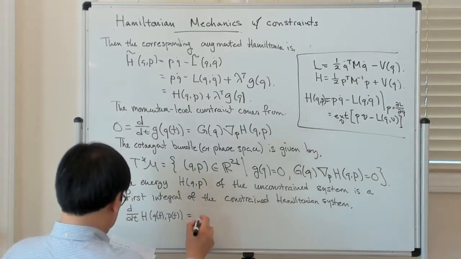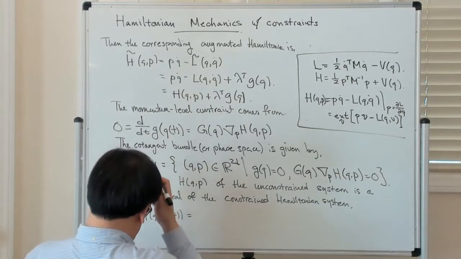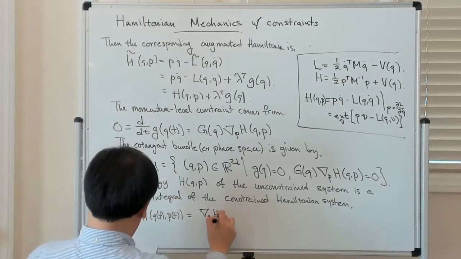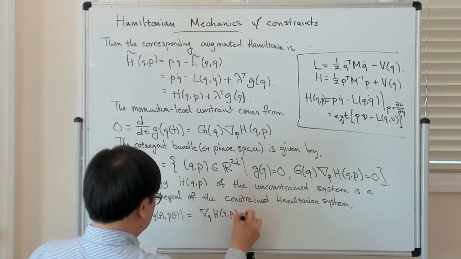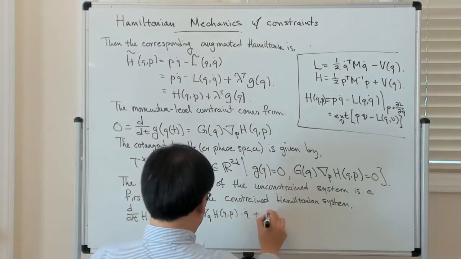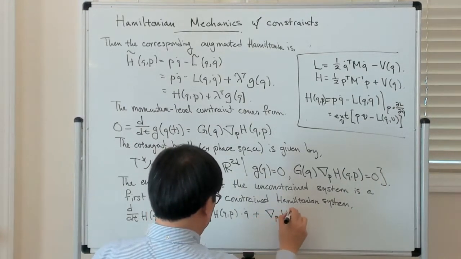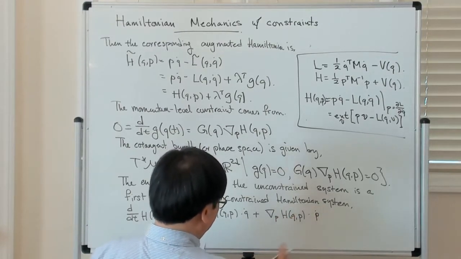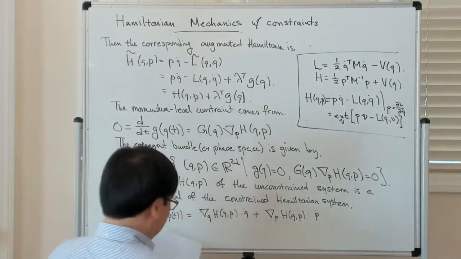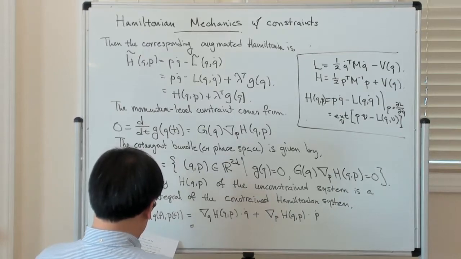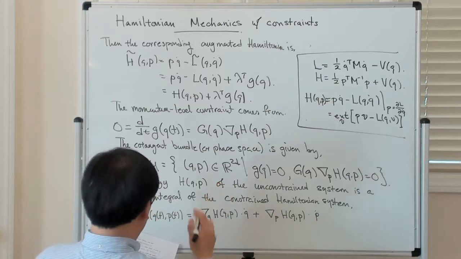So this is just the gradient with respect to q of H of q, p times q dot, plus the gradient with respect to p of H of q, p dotted with p dot. If you prefer, you could have a transpose and then just multiply the two. So I'm going to substitute the q dot and p dot from the equations.